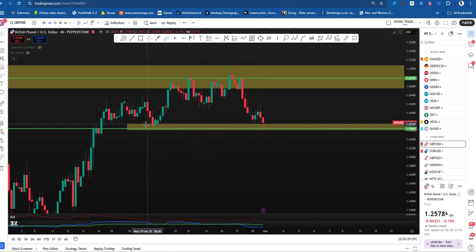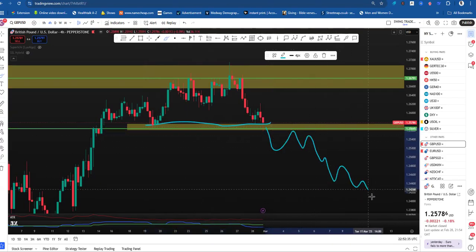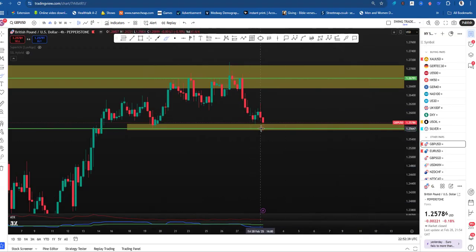If the market breaks this structure, then we can anticipate a more downward movement. But if the market rejects by creating a double bottom here on the 4-hour, then we're looking at price continuing to the upside. We are not sure yet. We're just thinking this could possibly be what the market wants to do.